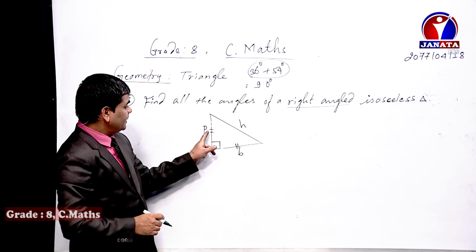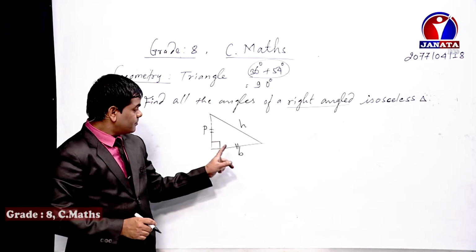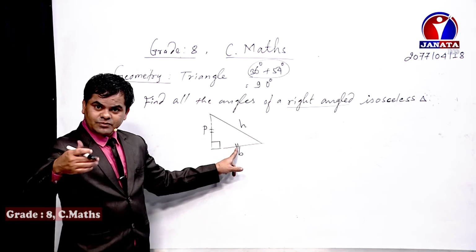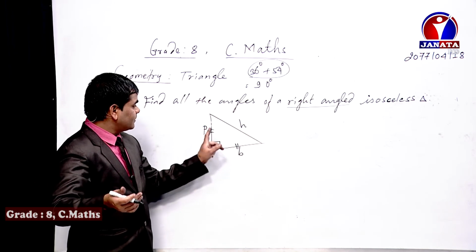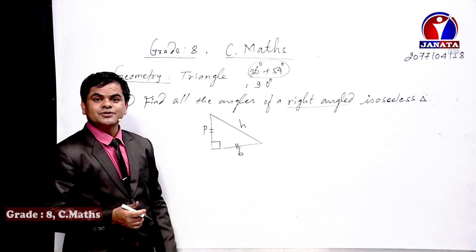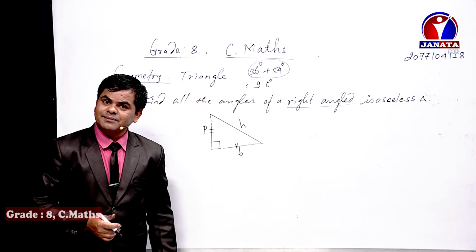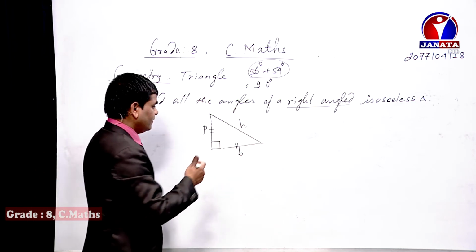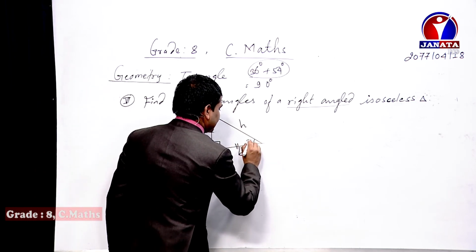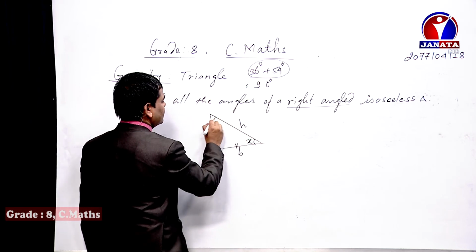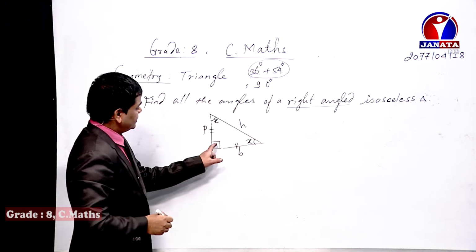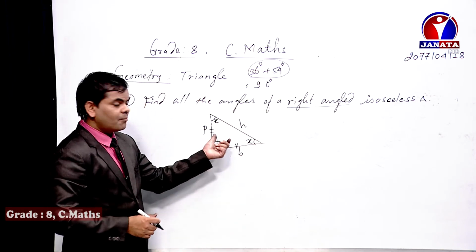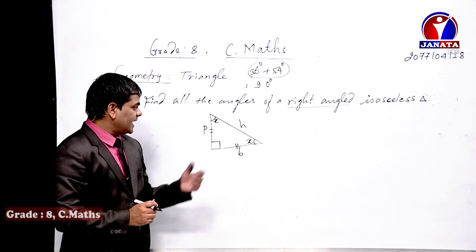And when the perpendicular and base are equal, another thing we have to know is, opposite to the equal sides, the angles which are formed are known as the base angles in an isosceles triangle. This is an isosceles right angle triangle. So you can keep this one as x, and if it is x, this one also becomes x, and this one angle is already given as right angle, so 90 degree. So combine together to get the value of x.